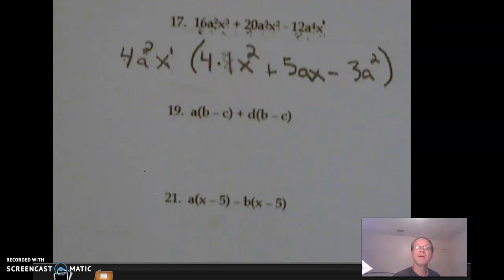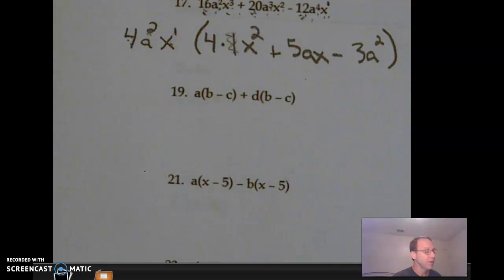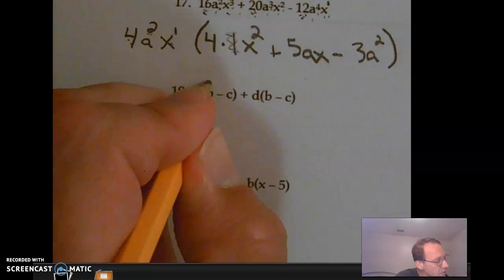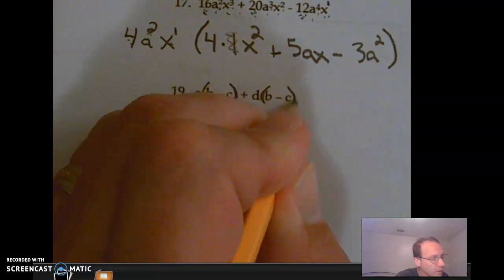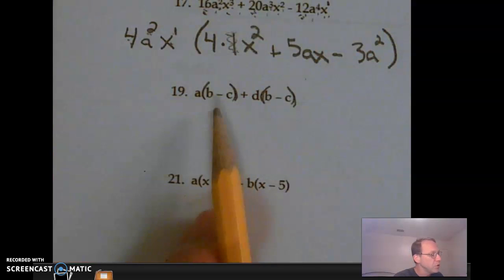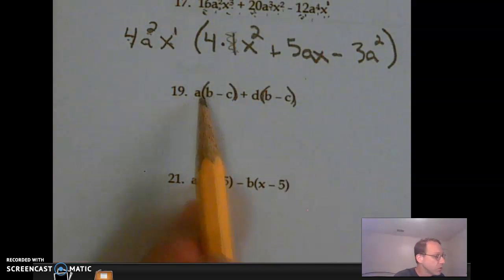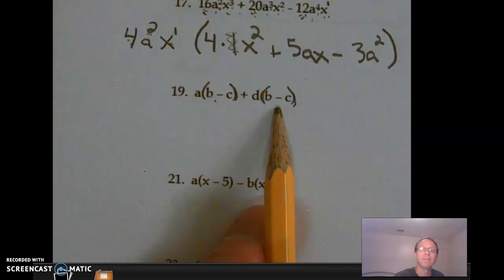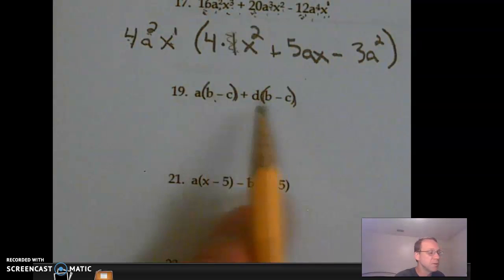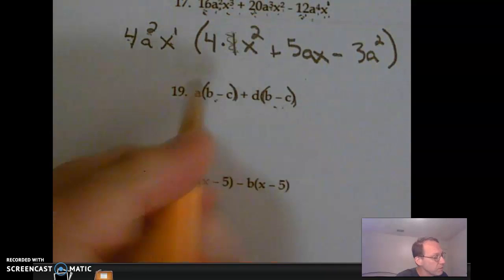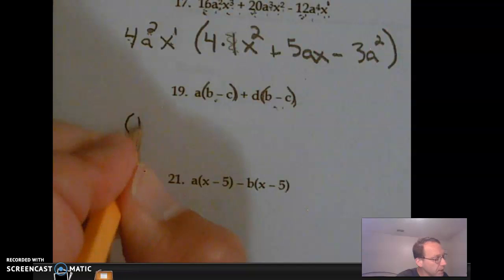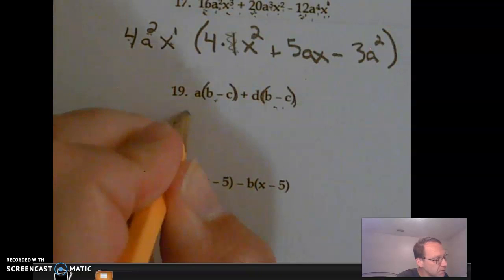Okay, let's look at 19. Remember that a parentheses represents a group. Okay, so what we have here is two terms where the groups are the same. Since the groups are the same, we're going to factor out the group. So we're going to factor out b minus 7.